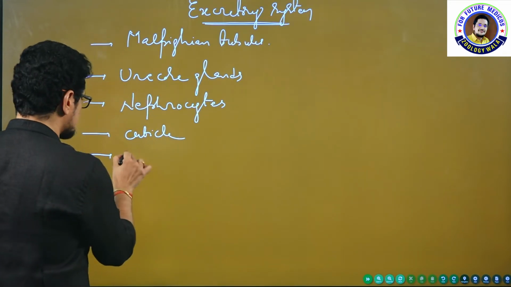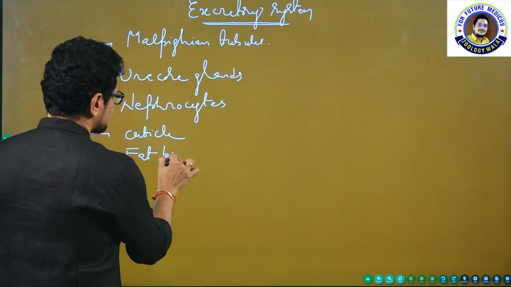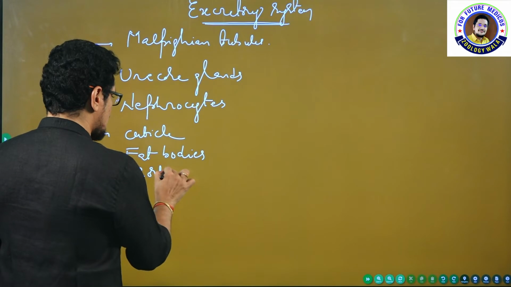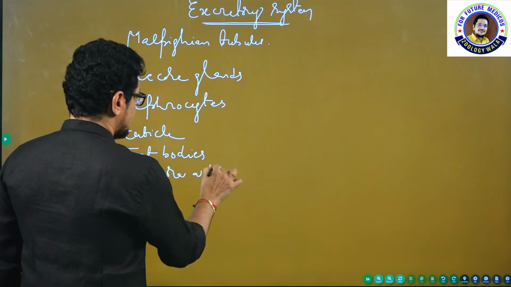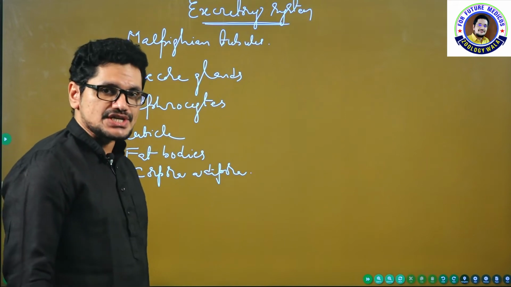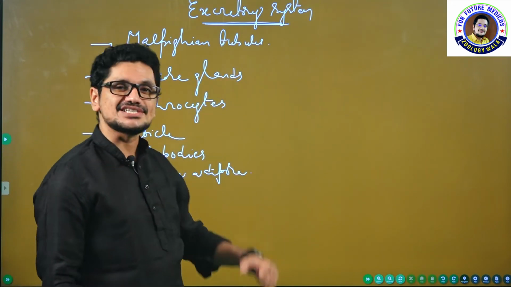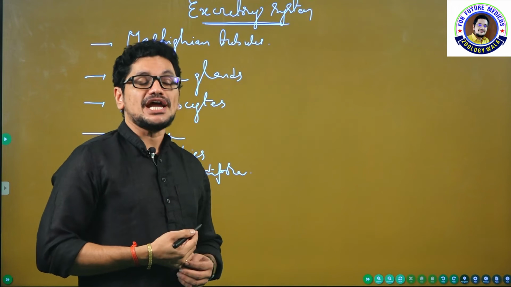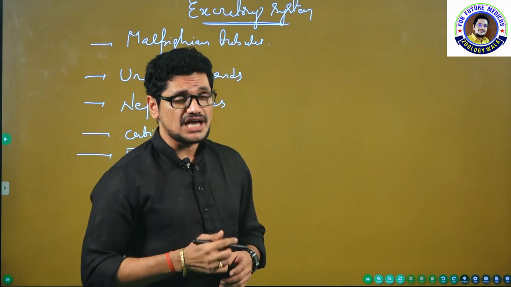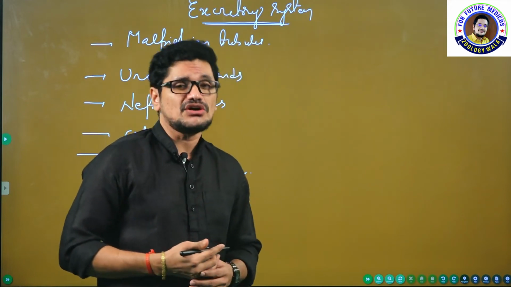The fat body, also called corpora adiposa, also acts as an excretory organ. All these are the excretory organs. I already showed you the Malpighian tubules of cockroach at the time of the digestive system.